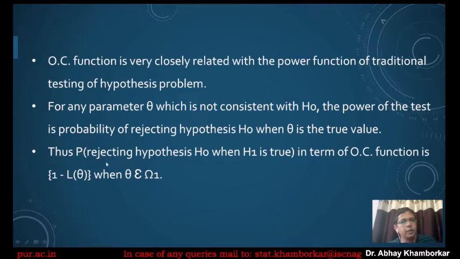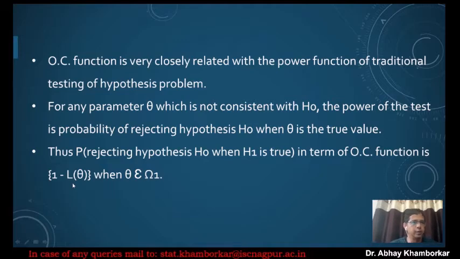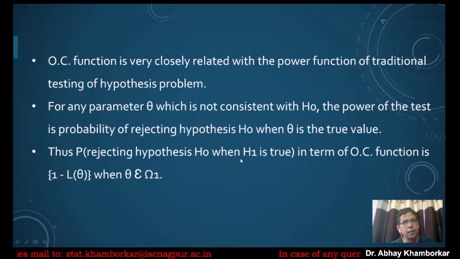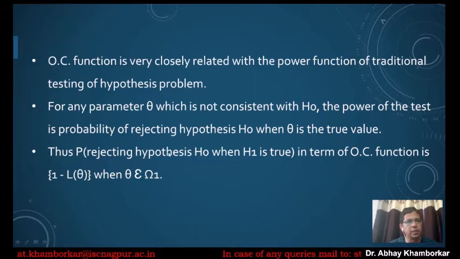Thus probability that rejecting hypothesis H naught when H1 is true in terms of OC function is nothing but 1 minus L theta. हम लोगों ने अभी प्रीवियस स्क्रीन पे देखा था 1 minus L theta is nothing but probability that we are going to reject the hypothesis H naught. अभी उसमें एक additional sentence मैंने डाल दिया है when H1 is true. So if we consider this whole statement, this is nothing but rejecting the hypothesis H naught when H1 is true.